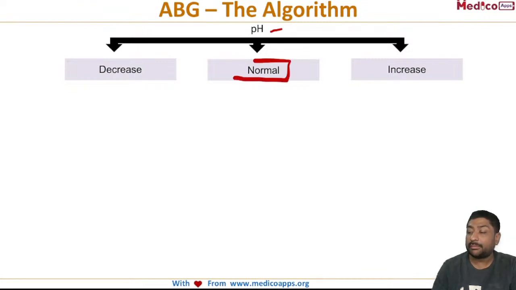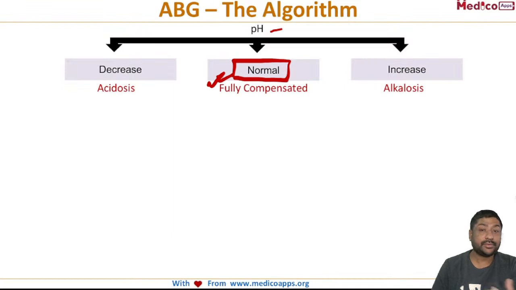If pH is normal, probably there is no acidosis or alkalosis, or even if there is, it is a fully compensated derangement. If the pH is decreased, then obviously it is a case of acidosis, and if the pH is increased, it is a case of alkalosis.